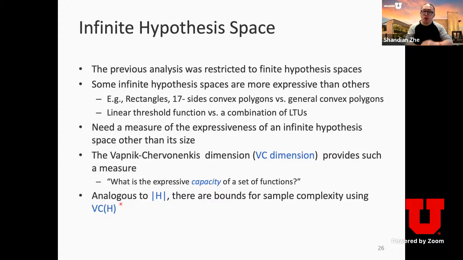Of course, the derivation will be different, and we are not diving into the details of how to integrate VC dimension into the derivation of the sample complexity bound and the generalization error bound. But later we'll show the final result. It reveals the same kind of sense as when we discussed finite hypothesis spaces and their sample complexity bounds and generalization error bounds.